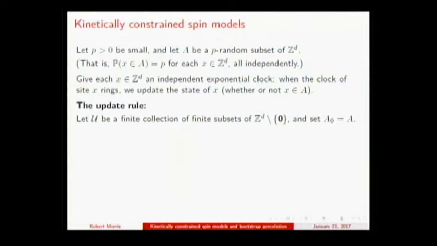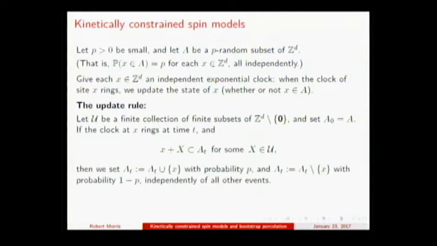So we initialize by taking at time 0 our set is A, and then when the clock of a vertex rings, we look at its neighborhood defined by this family U. So if one of the sets in U shifted by x is entirely infected at time t, so A_t is the infected set at time t, then we update, meaning we forget whether that vertex is in A or not, we put it in A with probability p, and not in A with probability 1 minus p. Okay? We call this a U-kinetically constrained spin model.